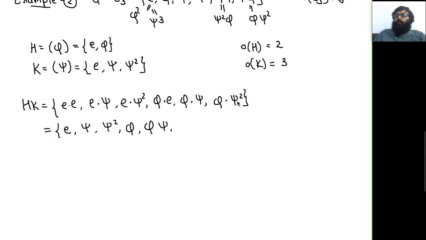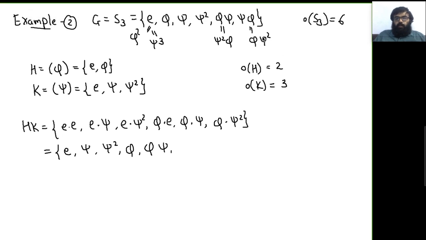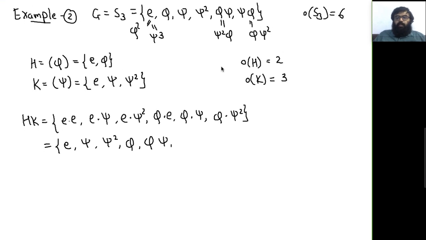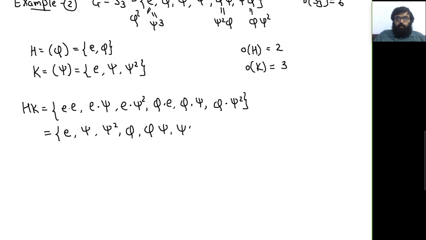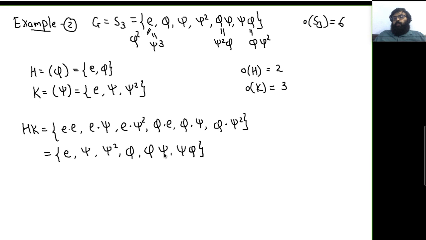And what is phi psi square? Phi psi square is nothing but psi phi. So what we observe here is that HK has 6 elements, the entire group S3.